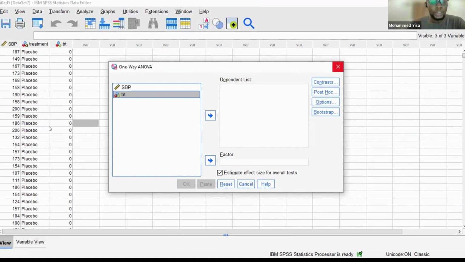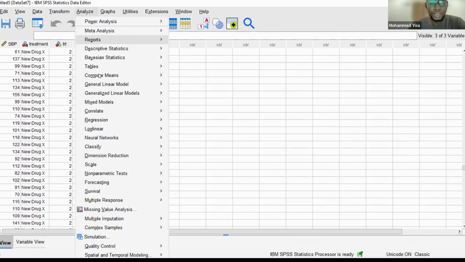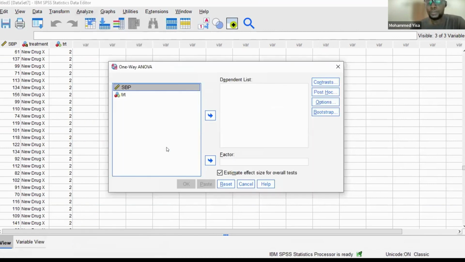So we have three different categories: placebo, old drug, new drug. And then we come to analyze, come to compare means, and then we come to one-way ANOVA. So our variable of interest, the variable that we are comparing across the three groups, is systolic BP.